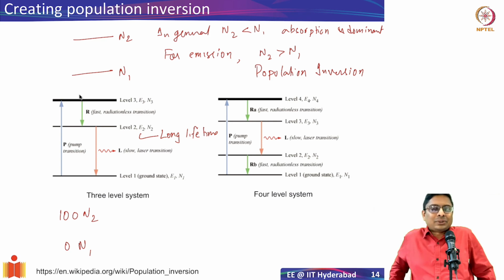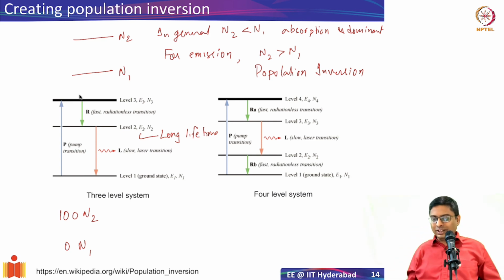So you can have these long lifetime states, and of course, compared to a 3-level system, a 4-level system is even better. In the case of a 4-level system, I'll have my ground state, which excites to a higher state here, the pump state, and then relaxes down. The electrons will stay in this, and I'll also find a level 2 state which has very, very fast non-radiative decay.